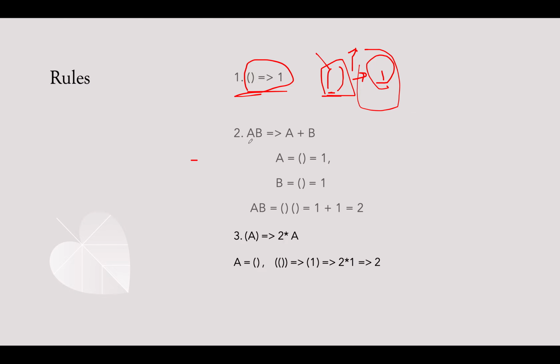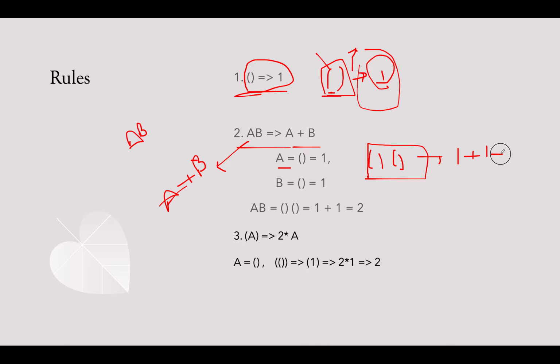Let's look at the second rule. If there are two strings A and B, the overall score of AB would be equal to the score of A plus the score of B. Let's understand it by an example. Assume A is given as this and B is given as this. The complete string becomes something like this, and its score would be 1 plus 1, that is 2.